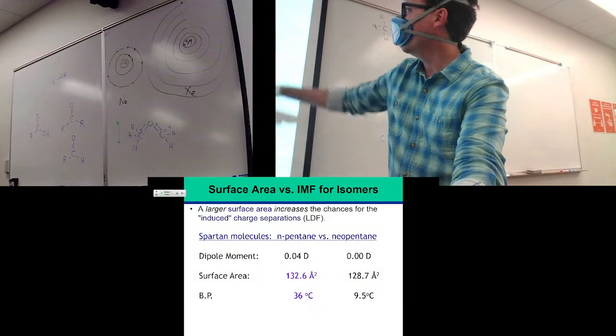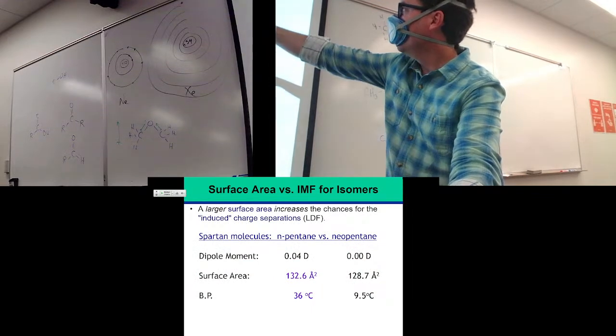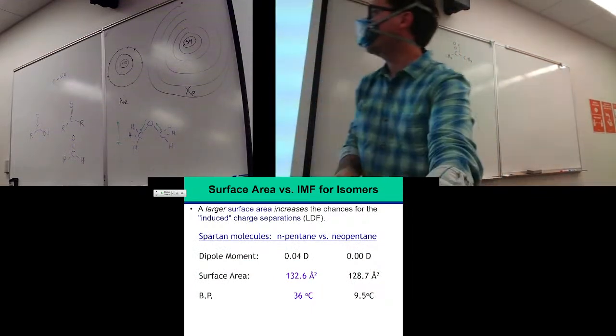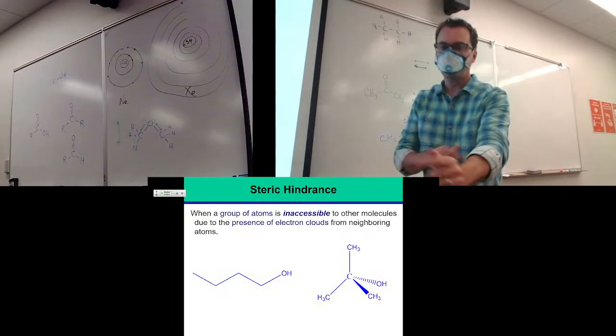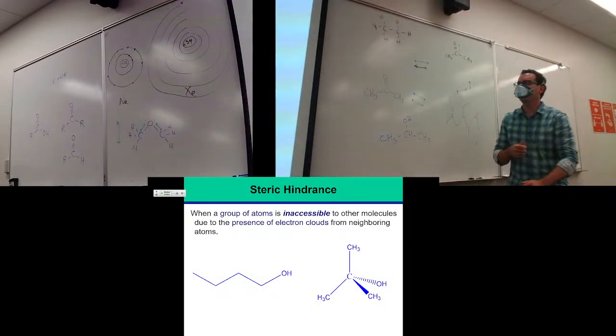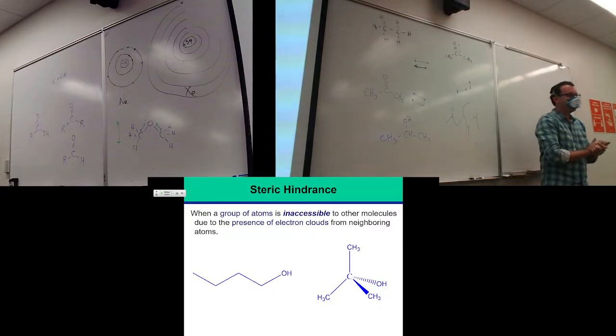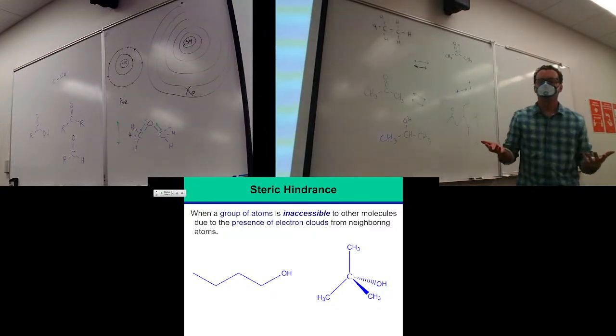So there's the area, there's the dipole moment, and so that makes the boiling point slightly higher. Okay. So shape is a big deal. So besides dispersion forces, can shape affect other things?